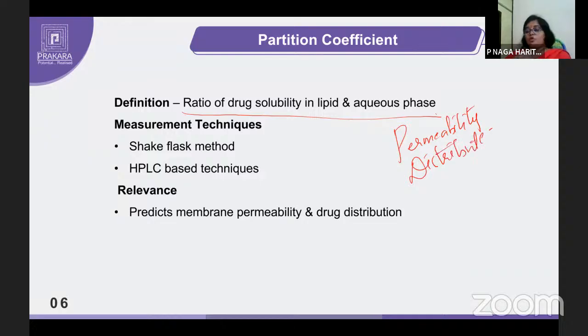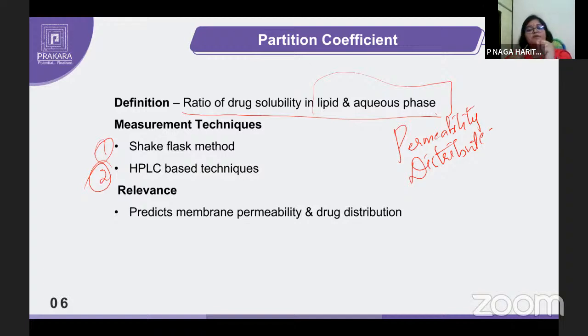So the partition coefficient, you can define it as a ratio of drug solubility in lipid as well as the aqueous phases, right? We have two methods of determining this: the shake flask method and HPLC based techniques. In the shake flask method, the drug is dissolved in a two-phase system and its concentration in each phase is determined using certain assay methods.